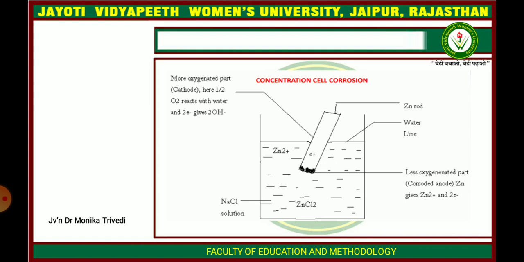This is the Zn rod and the water line over here, and this sheet has the electrons, and half O2 reacts with water and takes the 2 electrons to give 2 moles of OH negative. So this is the whole assembly of galvanic corrosion.